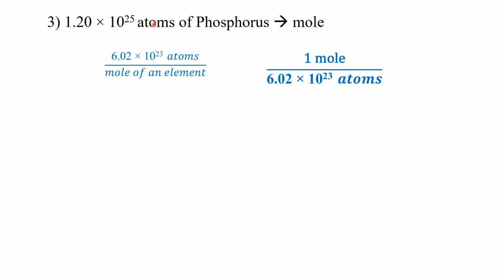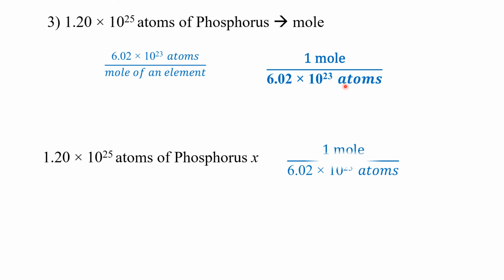We want to get rid of atoms so that it will leave behind mole, so the atom should be in the denominator. So this is the factor we choose. Times the factor, atoms will cancel out. The mole remains. And this is going to be your answer. Next page.